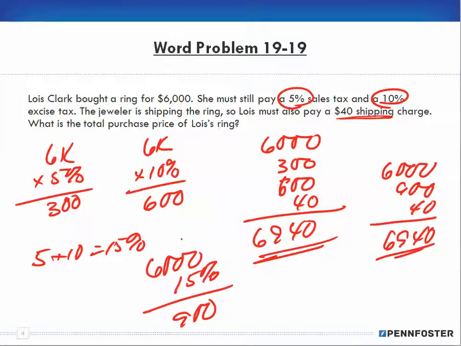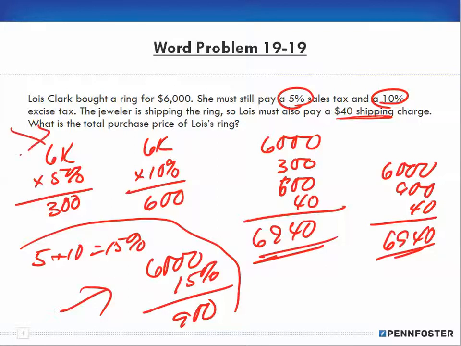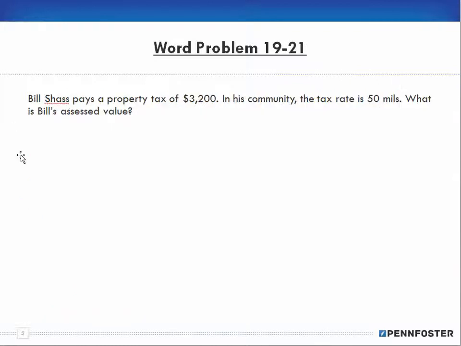Two different ways of doing it. Neither is right or wrong. What matters is what it's asking you. If it's just asking what the total purchase price is, I could do it this alternate way. But if they want an itemized breakdown, saying how much was the sale, how much was the excise, then I'd have to do it the other way instead.